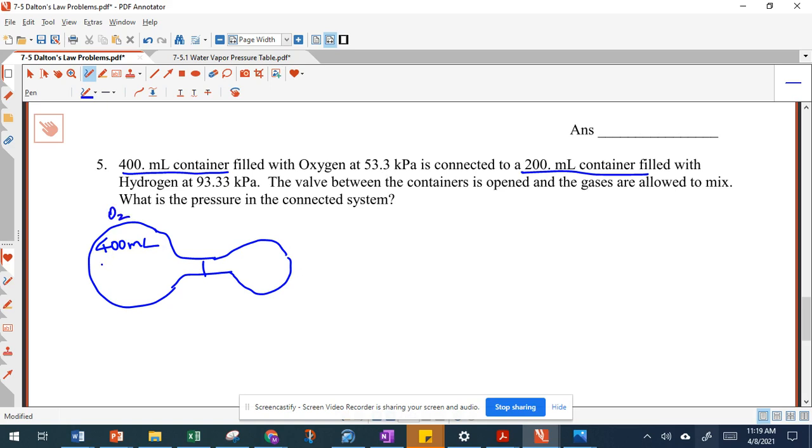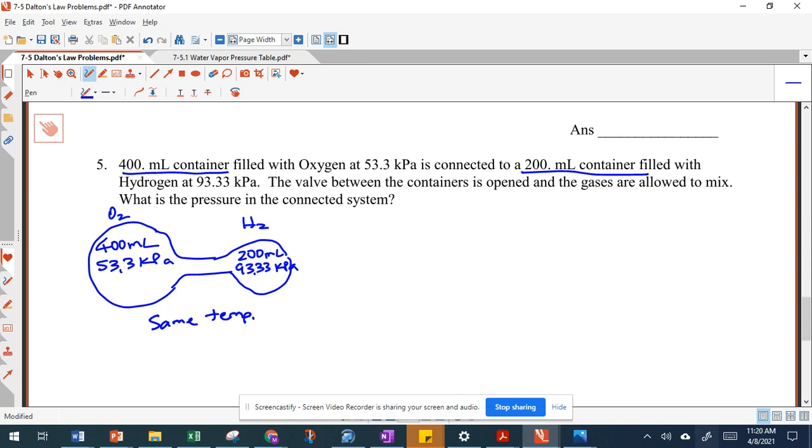And this one is at 53.3 kPa. The smaller container is 200 milliliters, and this one has hydrogen, at 93.33 kPa. So when we open this valve, we now have a larger container, which is 600 milliliters. So we actually have two Boyle's law problems, because we can assume these are at the same temperature.